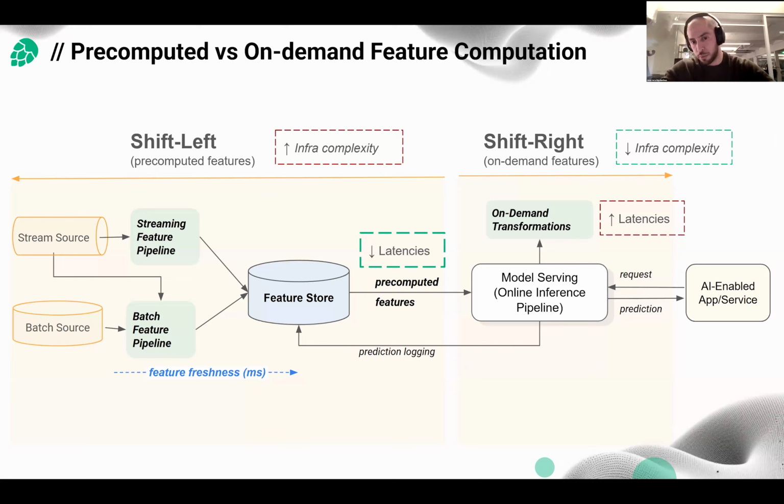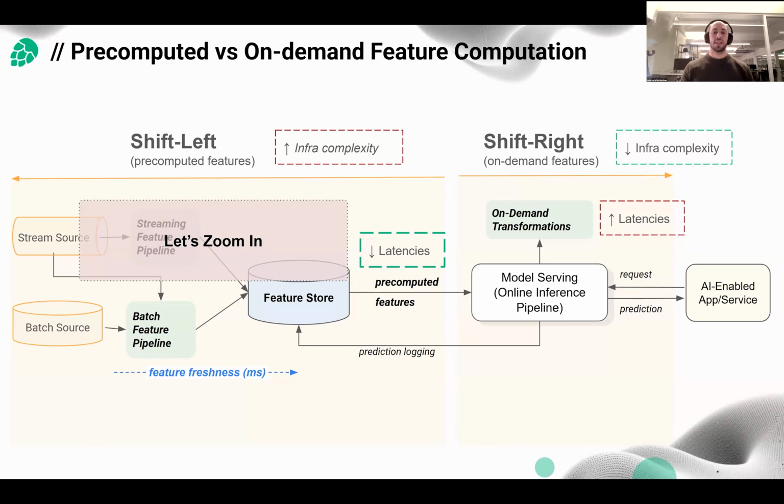If we have to run the computations at prediction time and the transformations are a bit more complex, or take more time, it will add latency to the final response.